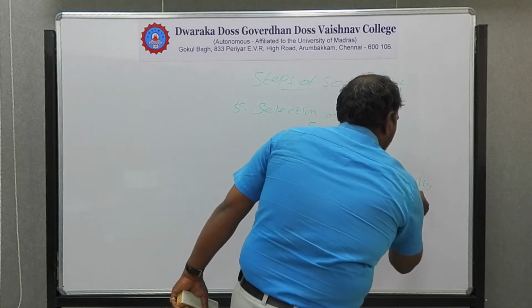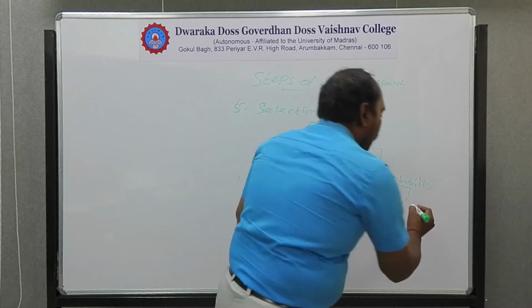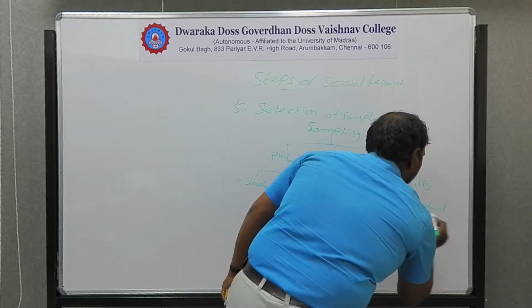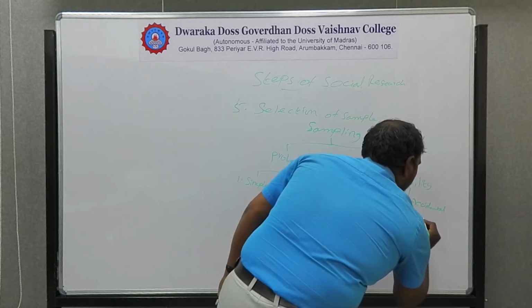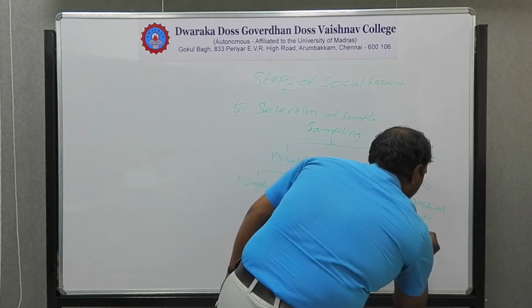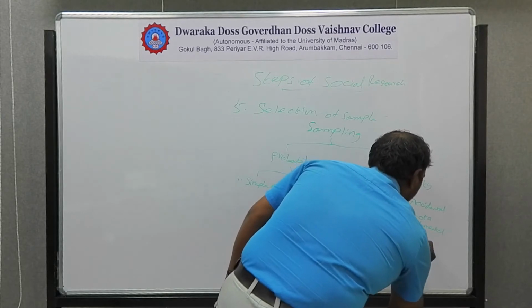Similarly, non-probability sampling, you have accidental, then quota sampling, judgment sampling, then snowball sampling method.